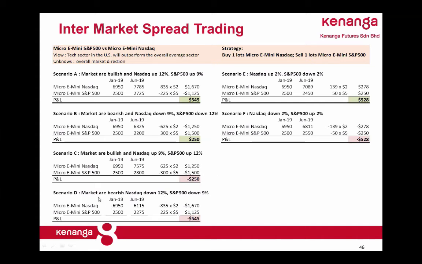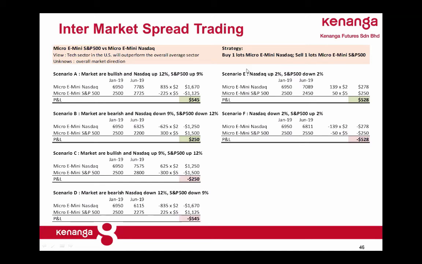Scenario D, you have a bearish market where Nasdaq is underperformed by S&P, so you result in a higher loss of 145. And for the last two scenarios, they are less likely to happen, but the chance is there.